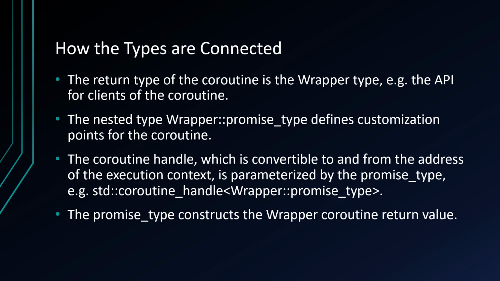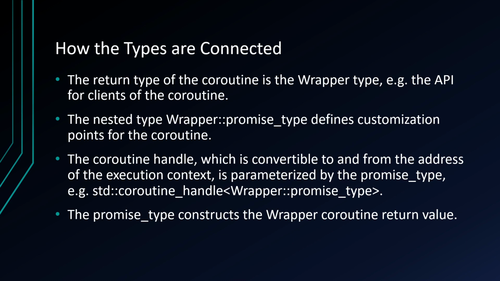And then the promise type constructs the instance of the wrapper that is returned by the coroutine when we initialize everything. So from the point of view of the caller, the coroutine function looks like a factory function that returns this wrapper. And the mechanism that does that is controlled through a method on the promise type. It's a little bit goofy.